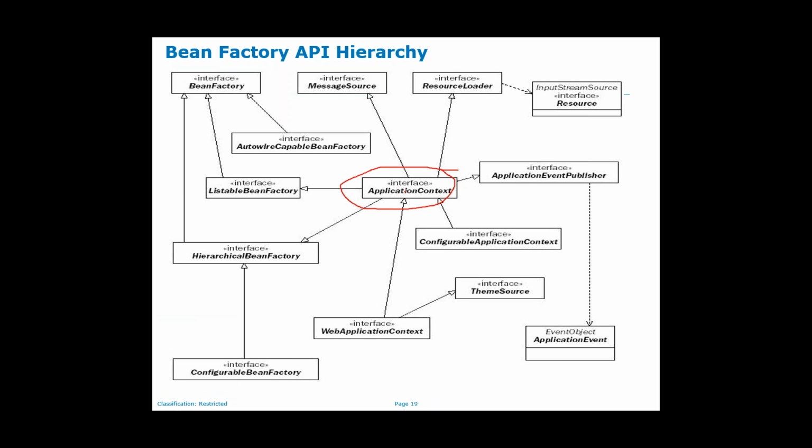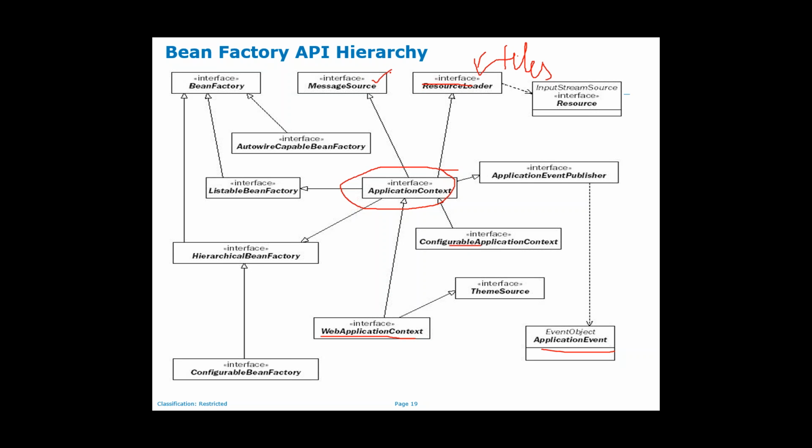If you're using web, then you need to go with the web application context. There is the application event publisher, and the resource loader if you have to load any database resources or files. If you need to send some messages, you can take care of this.